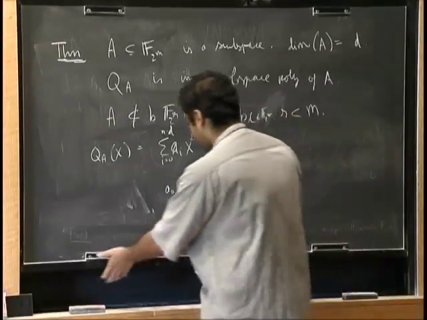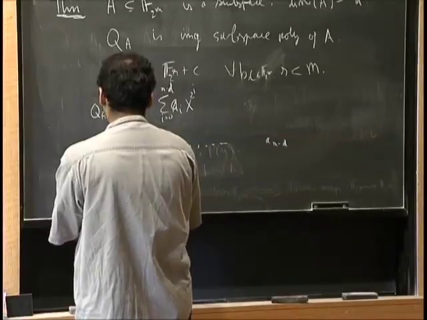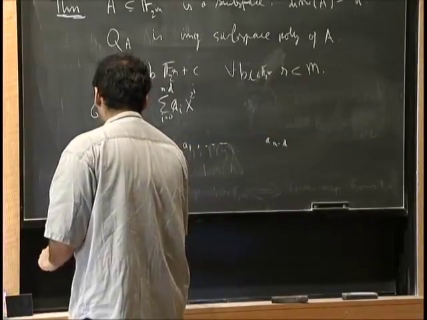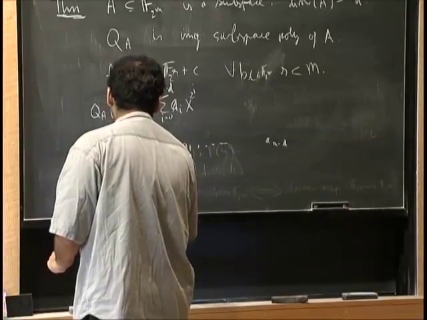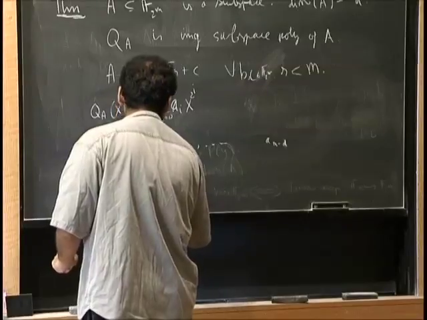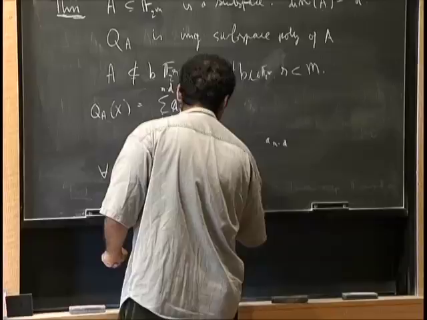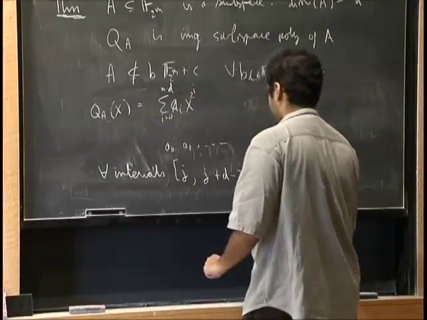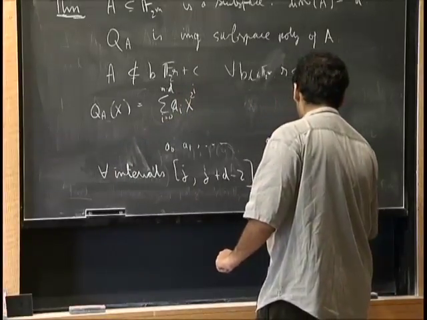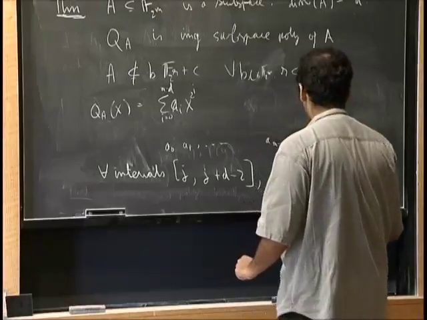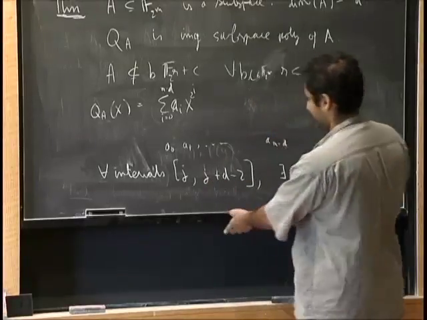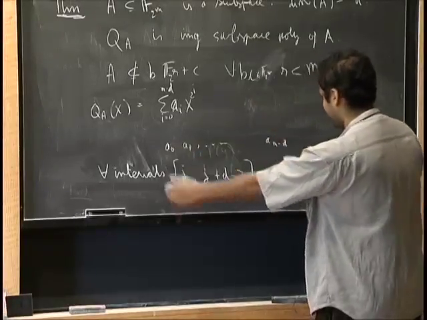So I'll write it: for all intervals j to j plus d minus 2, there exists a j where it's non-zero. The j only lives between these.